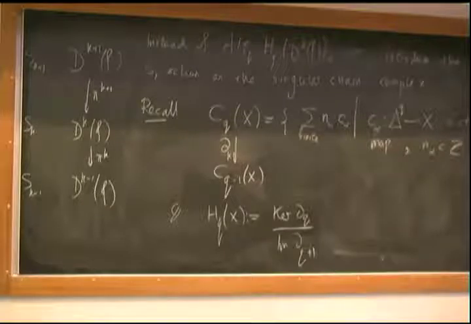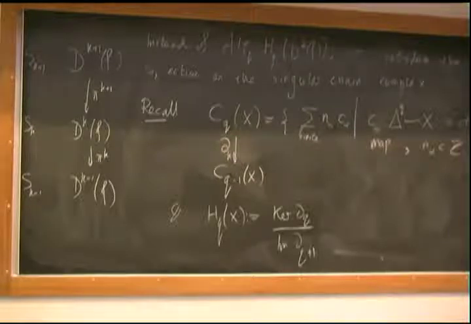And we finally define H_q alt of dkf to be the kernel over the image as before, but now in this alternating chain complex.